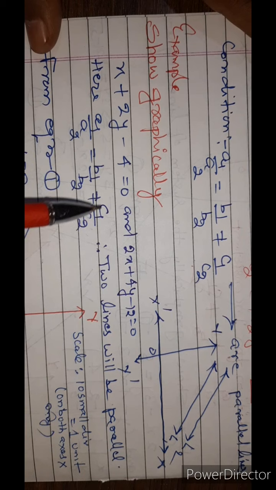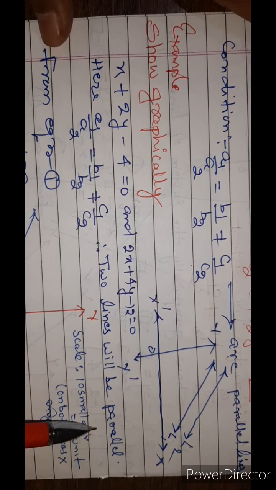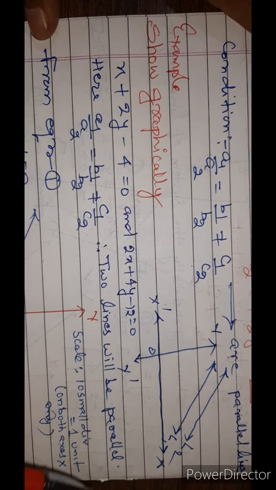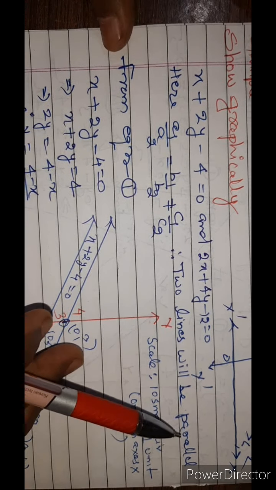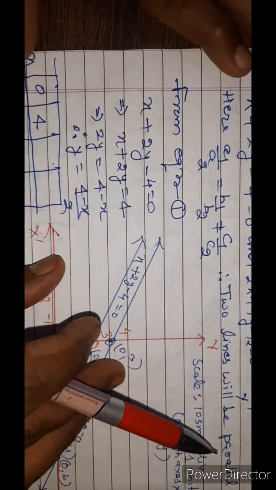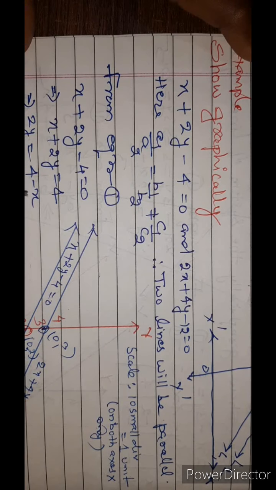So in this condition the lines will be parallel. First of all, we have to find some ordered pairs by taking the equations one by one.